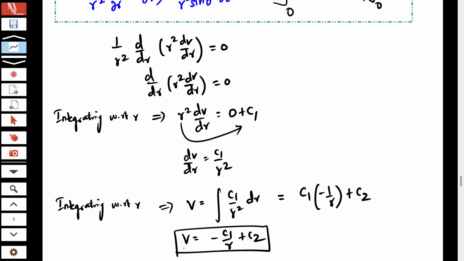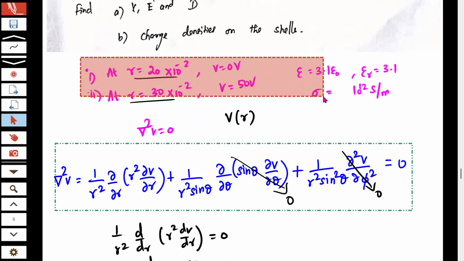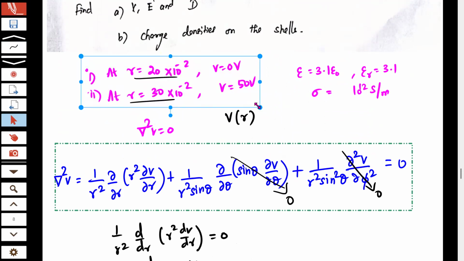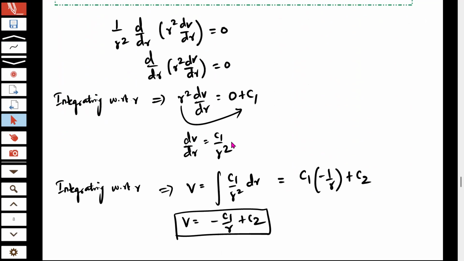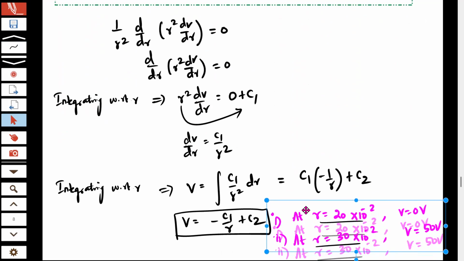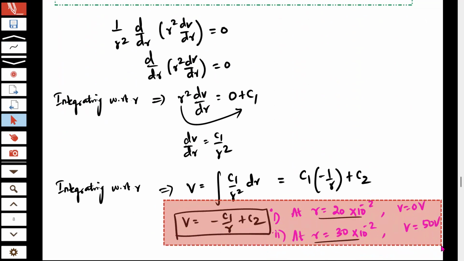Now, by applying the boundary conditions, we have to find what is C1 and C2. Let us take the boundary conditions from here. So I'll be copying the boundary conditions from here. And by making use of these boundary conditions, we will find what is V, which is a function of R. So let us make use of these boundary conditions and solve.